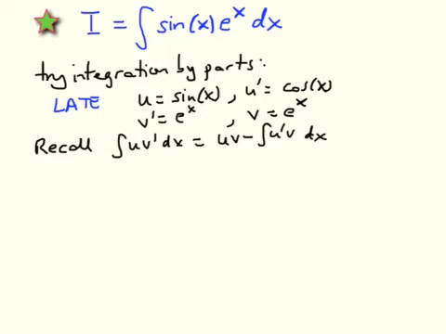So in our particular case, we have that our integral is going to be u times v, and that's sine of x times e to the x. So it's sine of x times e to the x minus the integral of u prime, which is cos of x, times v, which is e to the x, integrated with respect to x.